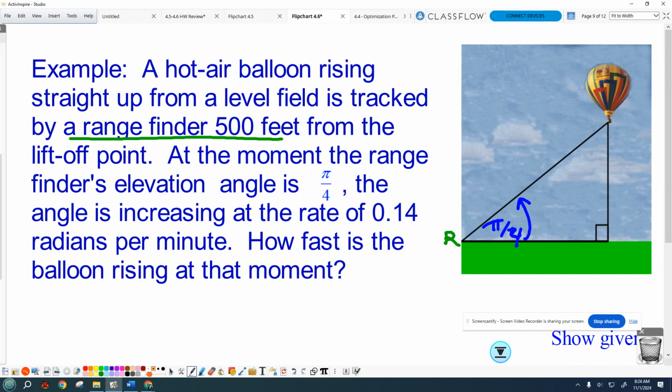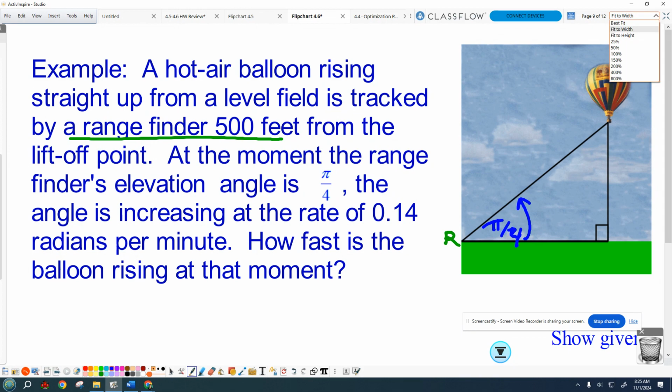The angle is increasing at a rate of 0.14 radians per minute. What is that? As a variable, what are we gonna call it? D theta dt. And we're looking for how fast the balloon is rising at that moment. What are we gonna call that? dH dt, dy dt, something like that? Sure.